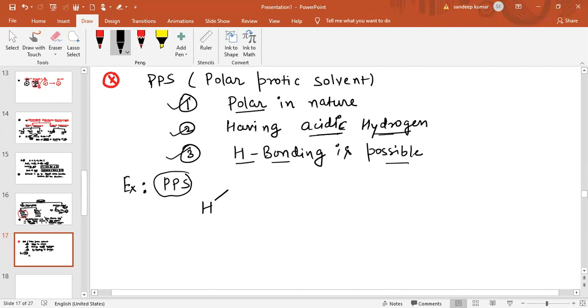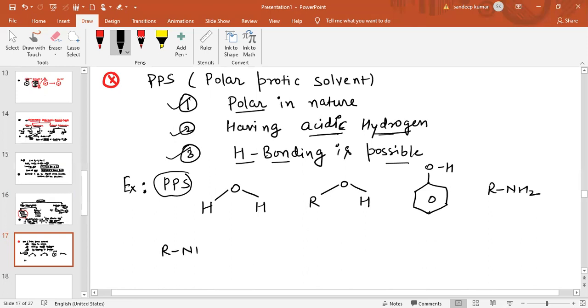Like if water is given, if alcohol ROH is given, if phenol is given, like benzene having OH, also if RNH2 is given, also if RNHR is given, also if CCl3COOH is given, also if HF is given, also if RSH is given, also H2SO4.